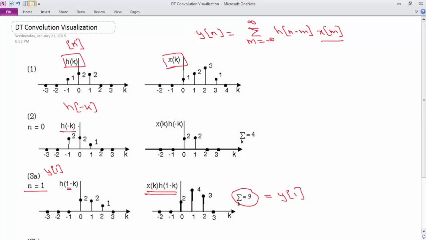Similarly, if I did not shift, so I have no shift, I am effectively calculating y of 0. So I multiply these two, then add up all the entries, and this is my y of 0.